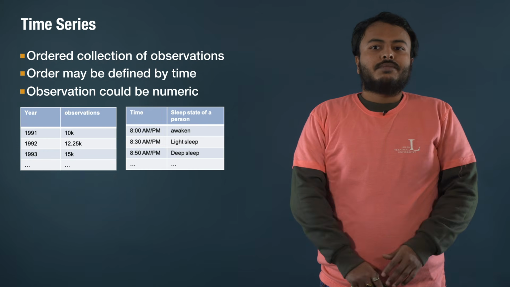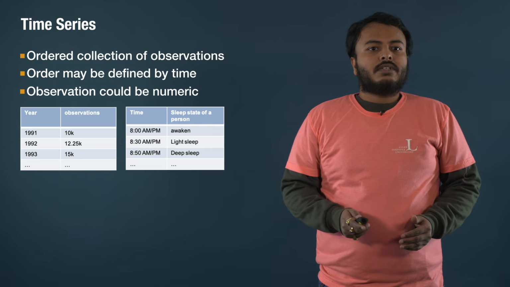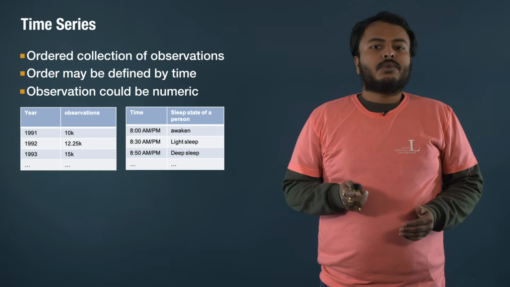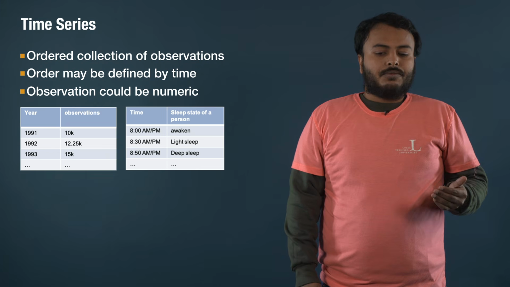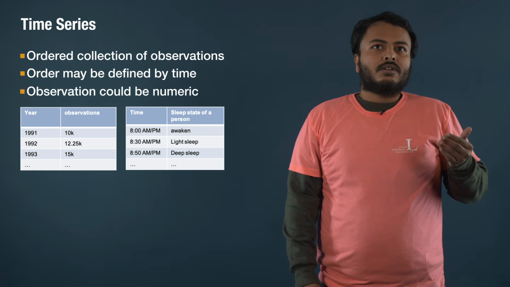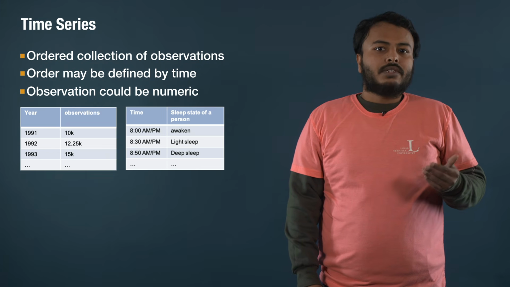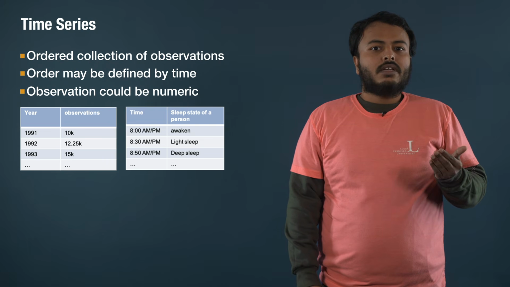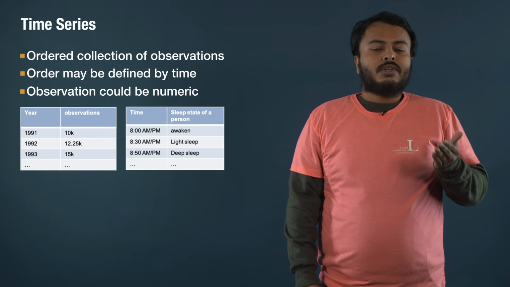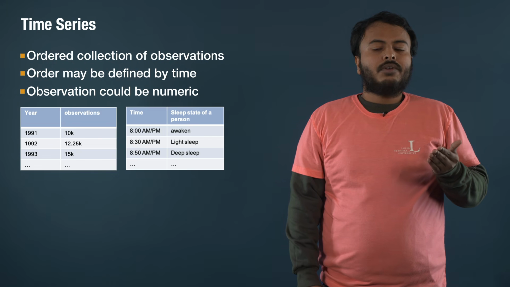Next comes time series. So time series is an ordered collection of observations. Order is specified by time. For example, revenue of a company throughout some years. So for example, we have a year 1991 and then the revenue is 10K, and for 1992 we have 12.25K revenue and so on.